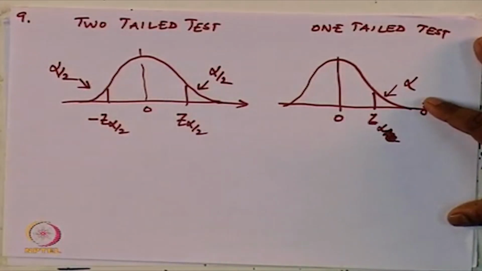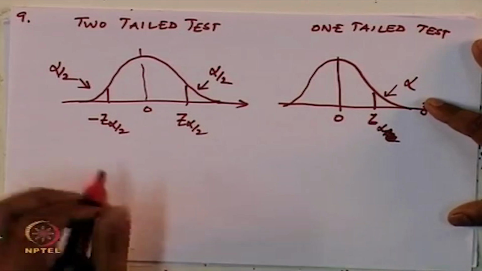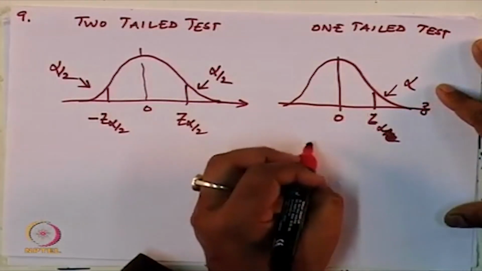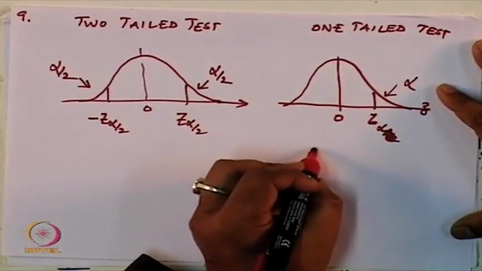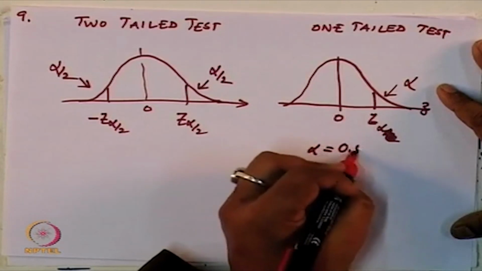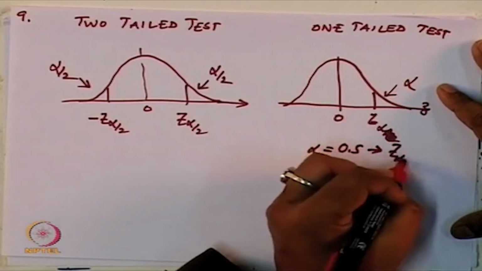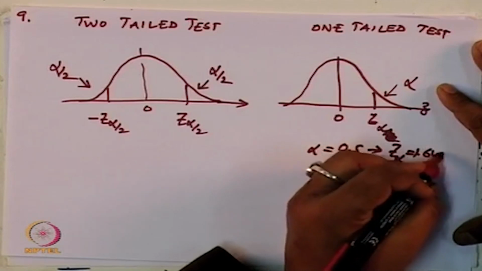So, for the one-tailed test, if I put down the values, for alpha equal to 0.05, I have Z of alpha equal to 1.645.